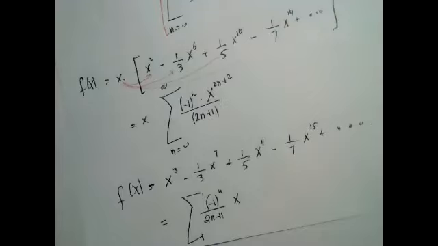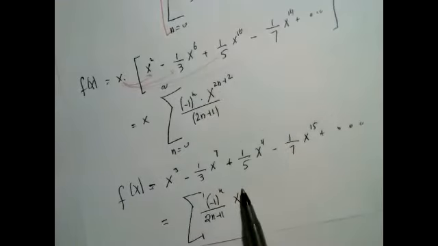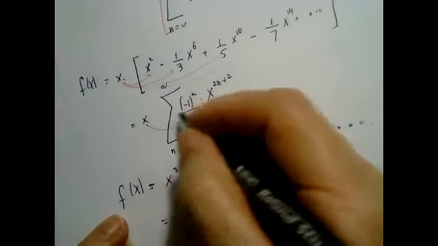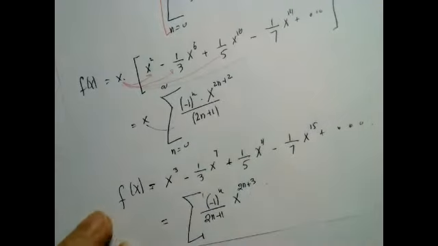I stop. This is easy because I'm just multiplying. What do you think is going to be the power here? 4n plus 3. Absolutely. Because you're multiplying by x every time, you're adding 1 to the power. End of the problem.